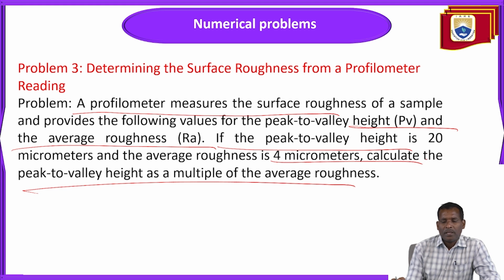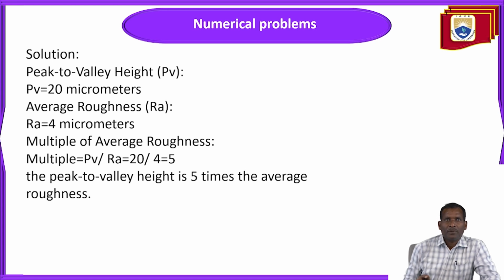So the height is given as 20 and the average roughness is also given. Only the multiple has been asked. The given peak to valley height PV is 20 micrometers.